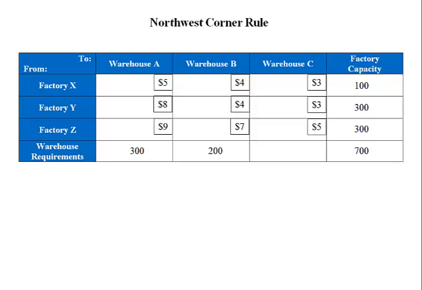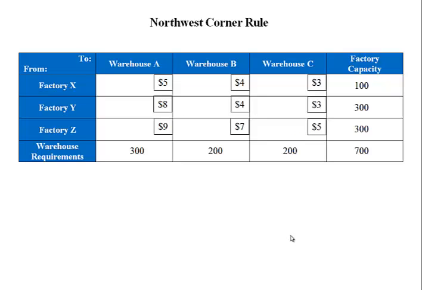Each one of our factories has a supply capacity as shown in the right-hand column, whereas each one of our warehouses has a demand factor shown here. And the demand for warehouse C is 200.